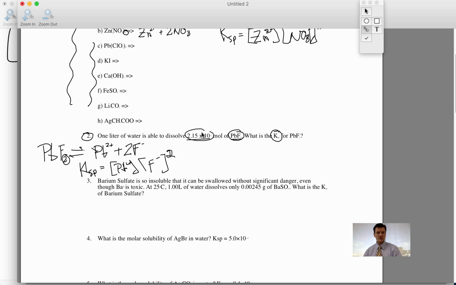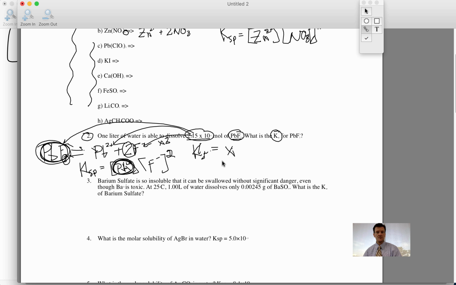This number right here is how much lead fluoride dissolves. And that's going to produce the same amount of lead ion, but 2 times the amount of the fluoride ion. So you have to make it double here because of that 2 right there. So you can see this KSP is going to be the lead concentration, which is the same as the given amount of the lead fluoride that dissolves.